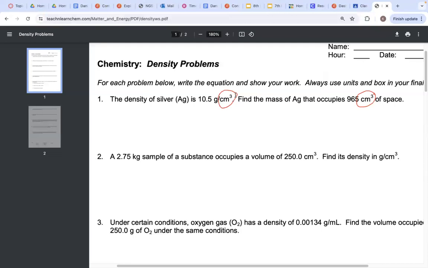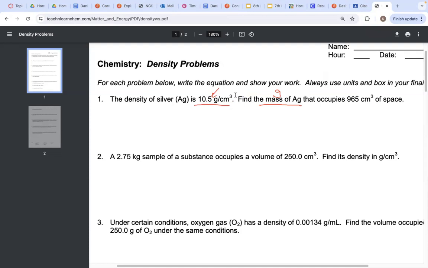All right, so here's our density, right? 10.5 grams per centimeter cubed. We're finding the mass in grams. It doesn't state that, but it should, because that's the only mass associated with this. That occupies 9.65 centimeters squared of space.